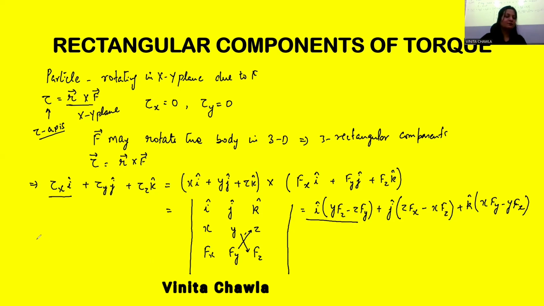Tau x is yFz minus zFy, tau y is zFx minus xFz, tau z is xFy minus yFx.